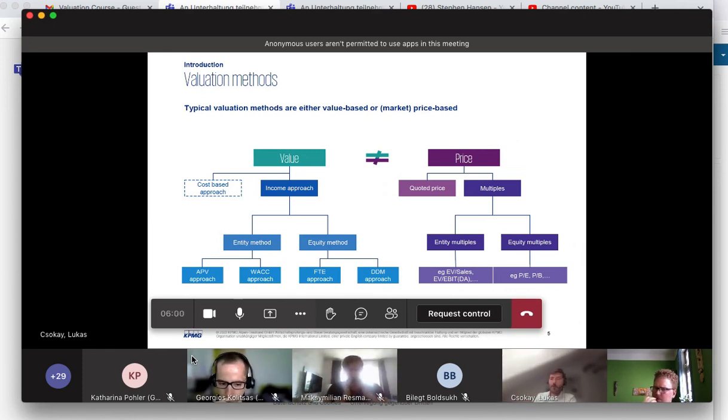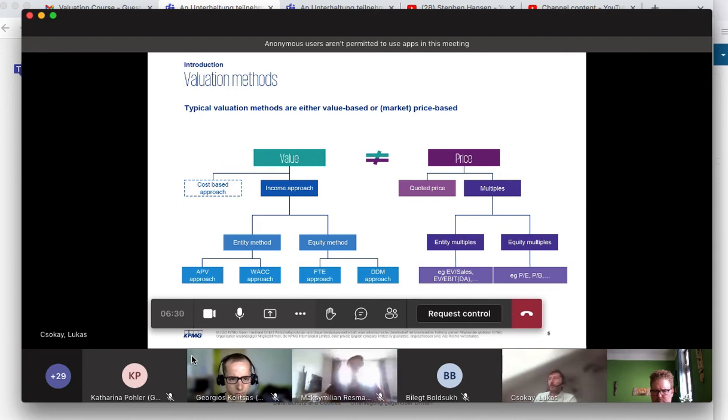Or, if you want to liquidate a company, then it's more like a liquidation value. If you sell all the assets a company has, all the machines, all the property, and so on, then what's left is the liquidation value. These are cost-based approaches, but we're not going to discuss them in more detail.